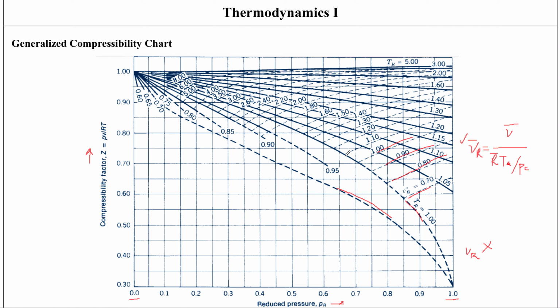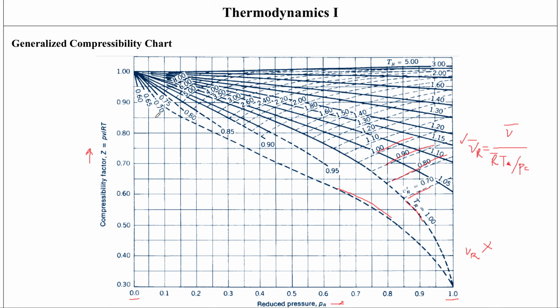So what is the point of looking at these generalized compressibility charts? We've already looked at the steam tables or the PVT surfaces. So this is not a substitute for those. This is not a substitute for PVT data in the form of tables. That is much more accurate.